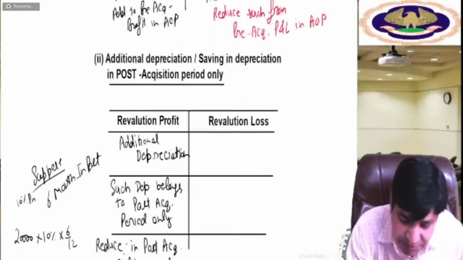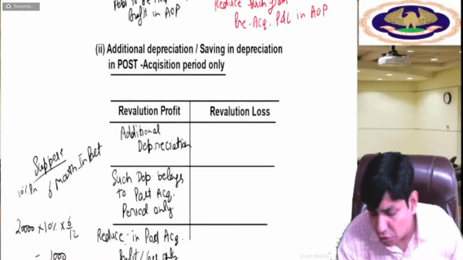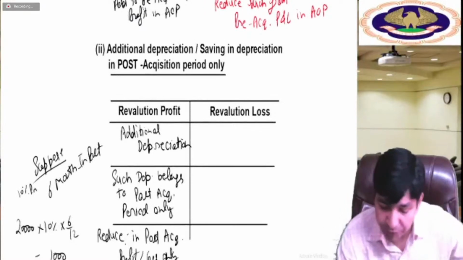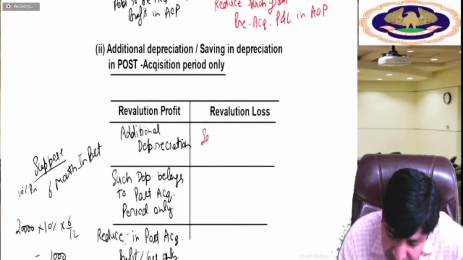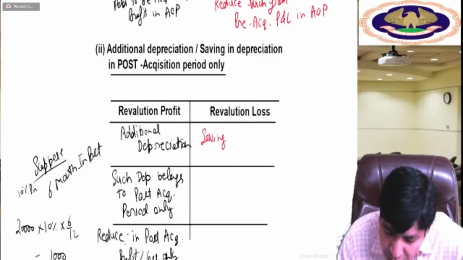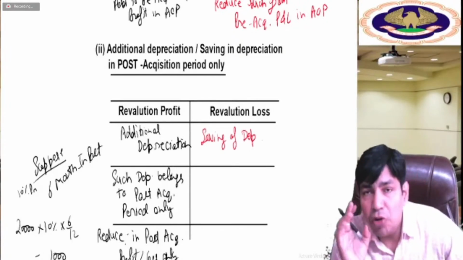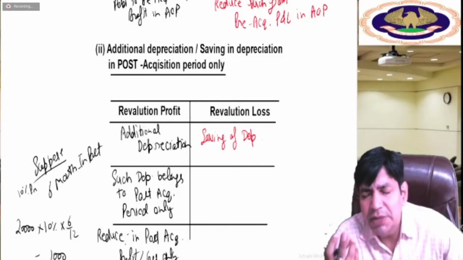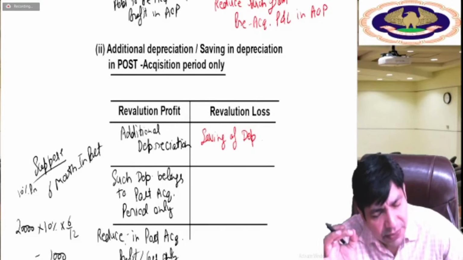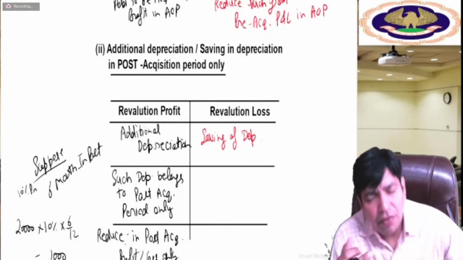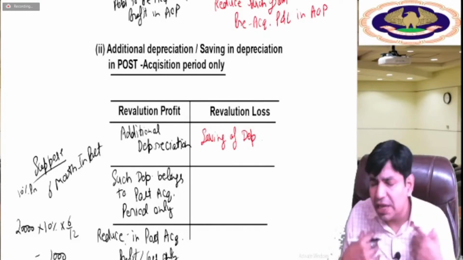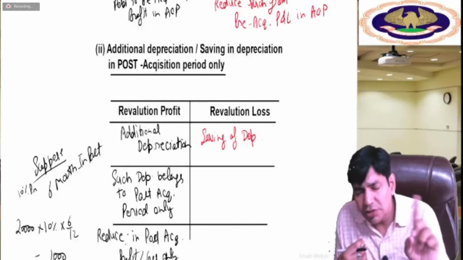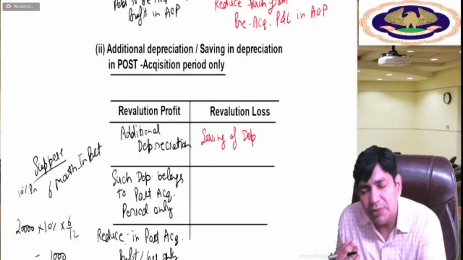This is from the holding consolidated point of view. There must be saving of depreciation because the profit or loss account given to us in the subsidiary balance sheet is at year end. Holding has the tension to consolidate, not subsidiary. Subsidiary is doing as per their books.